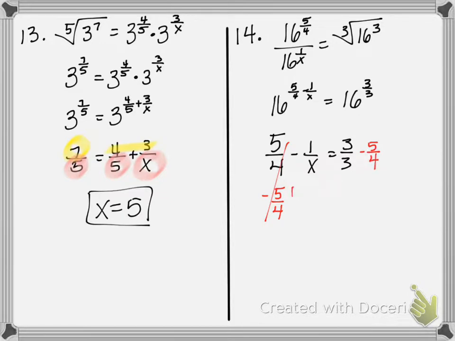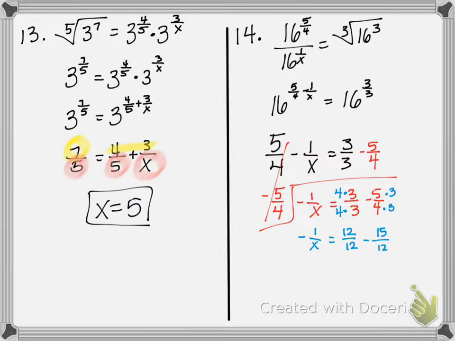And now I'm left with negative 1 over x equals 3/3 minus 5/4. Well, on the right side, I have different denominators, so I can't subtract them until I find a common denominator. So I have negative 1 over x equals 4 times 3 is 12 over 12 minus 15 over 12.